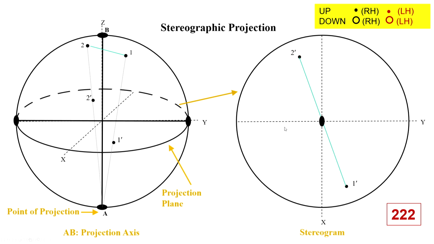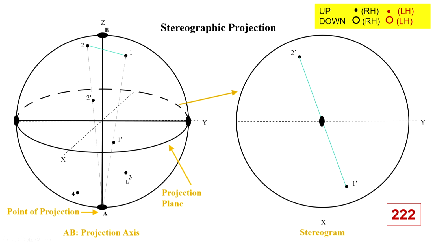Now let us come to another situation. I again start with the point group 2, in which there is just a rotation axis at the center. But imagine now that along the y axis I also have another two-fold rotation axis. Now this two-fold rotation axis will rotate the points 1 and 2 about the y axis, and as a result I will get two new poles in the lower hemisphere through a rotation of 180 degrees.